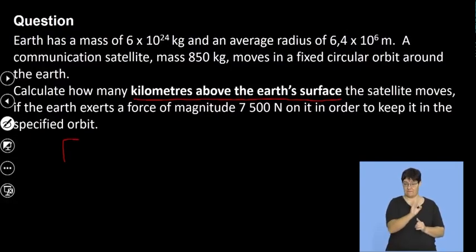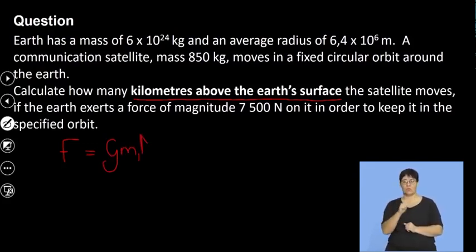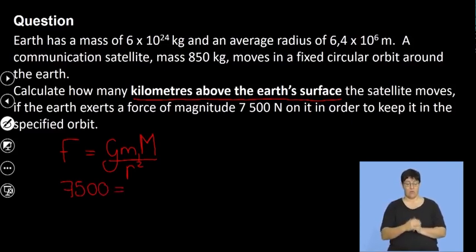So F is G M1 over R squared. When it's a planet, we usually use a big M, just because planets are big. We know that the force that it experiences is 7,500 newtons. We know G is 6.67 times 10 to the minus 11.